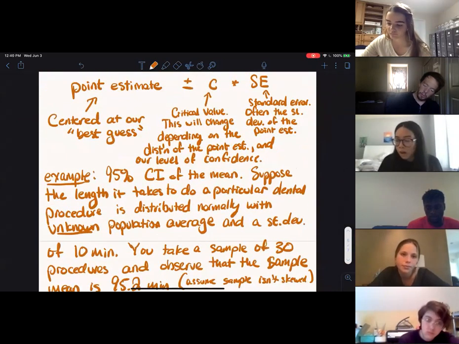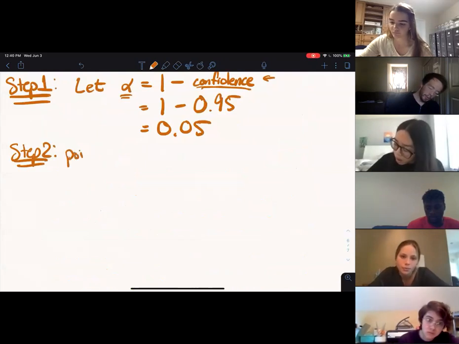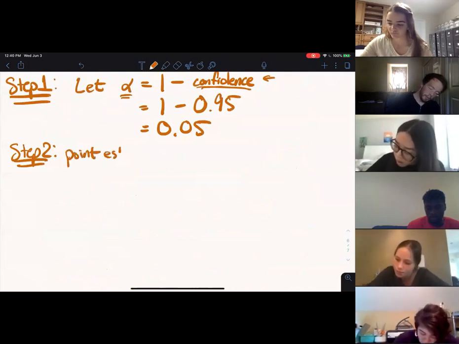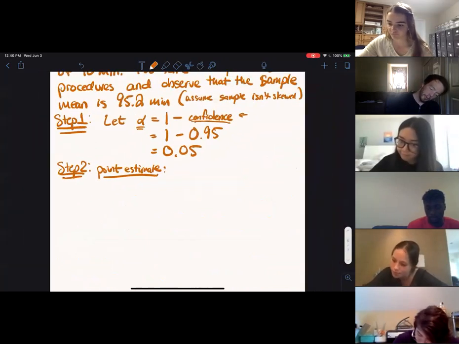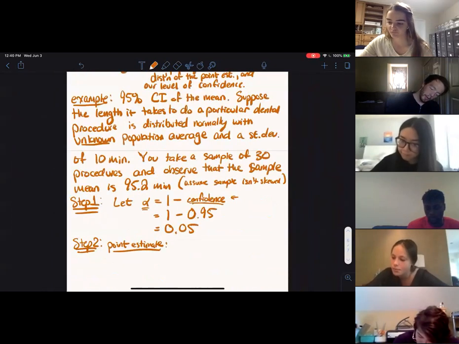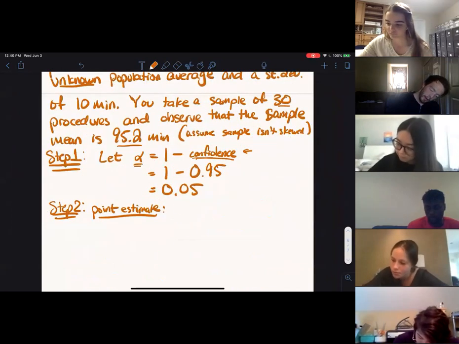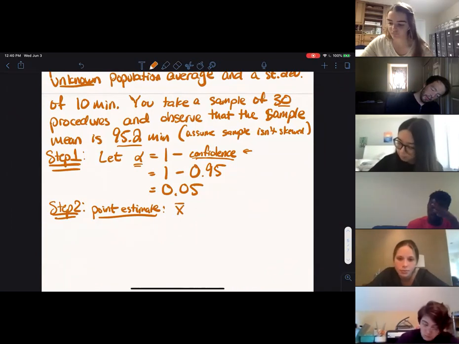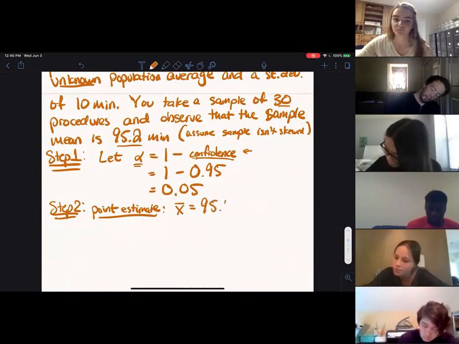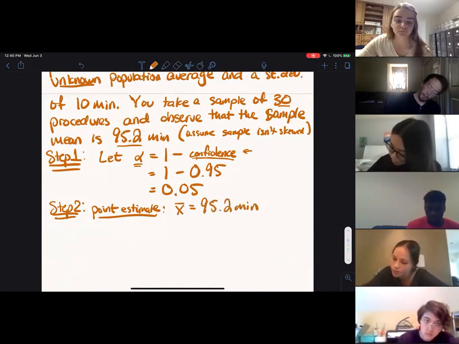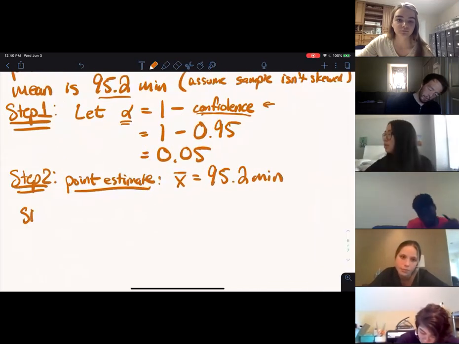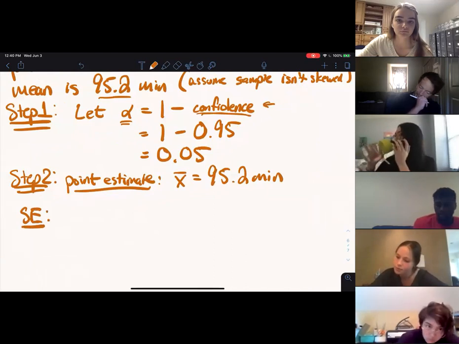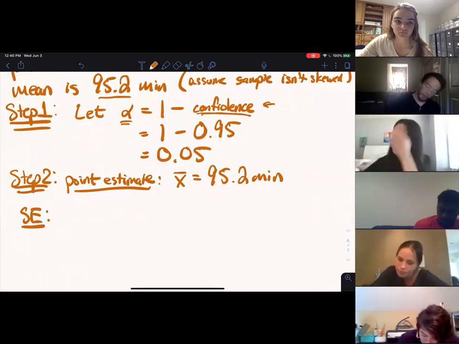So we'll start by saying what our point estimate is. And that was just what our X bar was. So we took a sample of size 30 and we got 95.2, so our point estimate is 95.2 minutes. Okay. Next thing we need is our standard error, which, as I said, was just going to be the standard deviation of our point estimate, which is x bar.